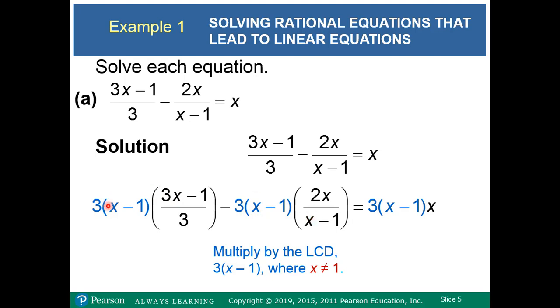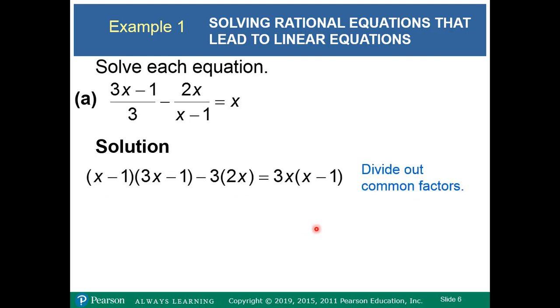And so now what's going to happen? Well, this is going to cancel with the 3. This is going to cancel with the x minus 1. And we end up with this. Now we can start multiplying using the distributive property and simplifying. So here's what we have. Now we're going to add like terms and start solving and put it into standard form.